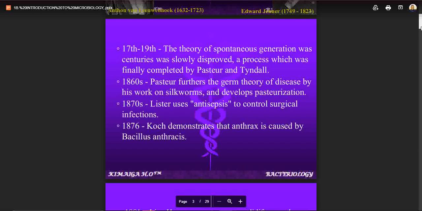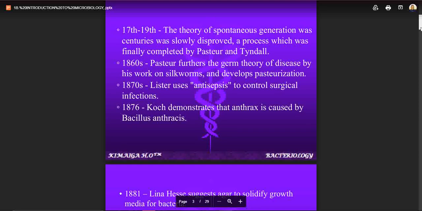In the 1870s, Lister used antiseptics to control surgical infections, because before then people could undergo surgical operations and end up dying even after the problem had been corrected surgically. People were wondering, what is happening? Why are these people still dying? They came up with very serious infections after the surgeries, and nobody could attribute it to any conceptualized knowledge.